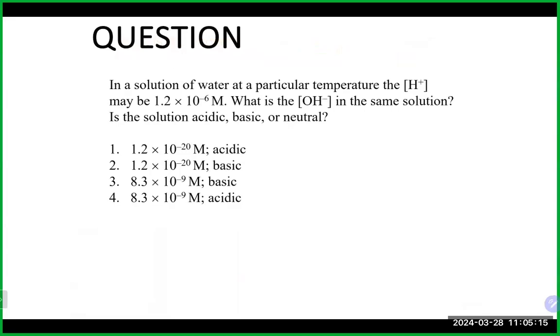We have an H plus concentration of 1.2 times 10 to the minus 6. What is the OH minus, and is it acidic, basic, or neutral? Same deal here. We're given the H plus, and we're looking for our OH minus concentration.